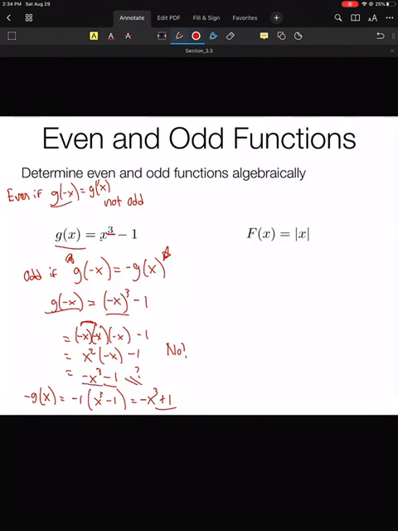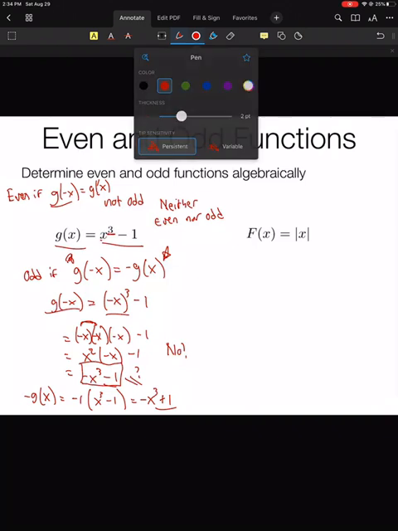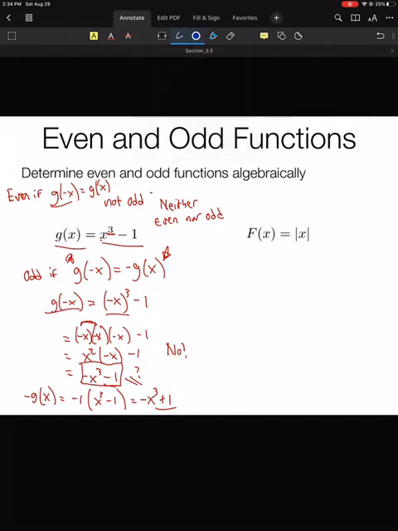It is down here, negative x cubed minus 1. Is that the same as x cubed minus 1 here? No, so it's not. It is neither even nor odd. So there is a neither option. That's the first one, neither even nor odd.